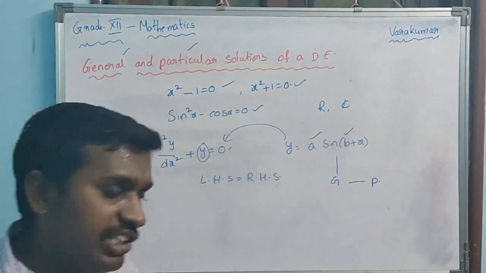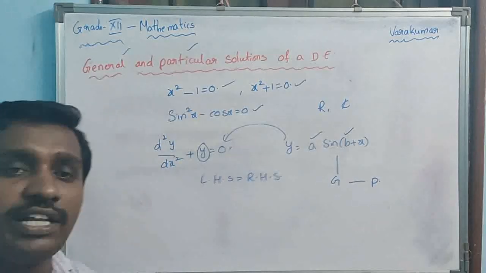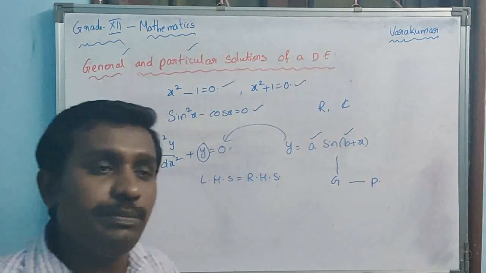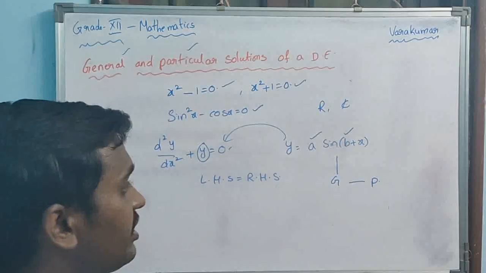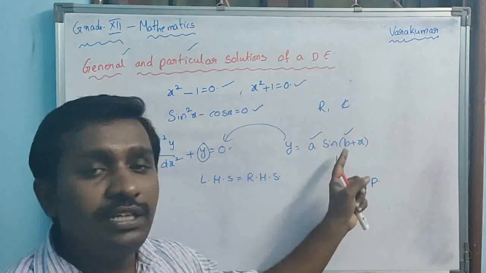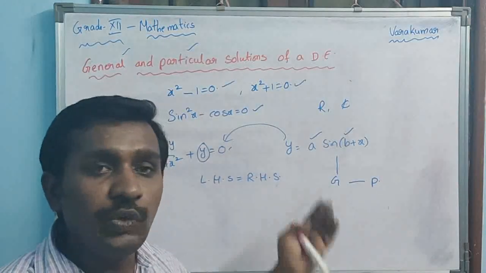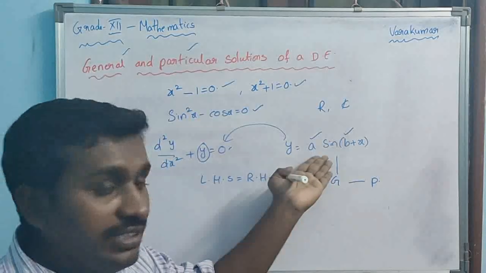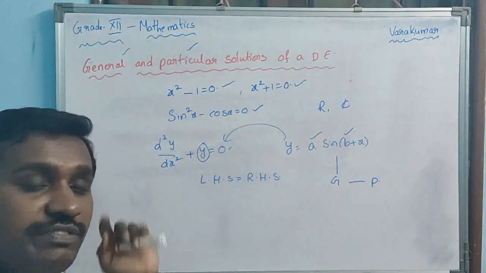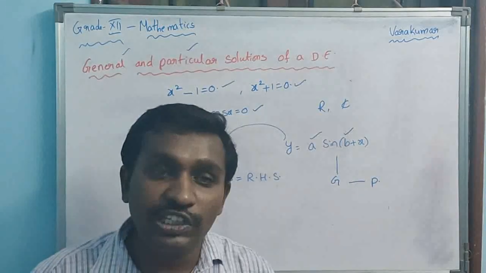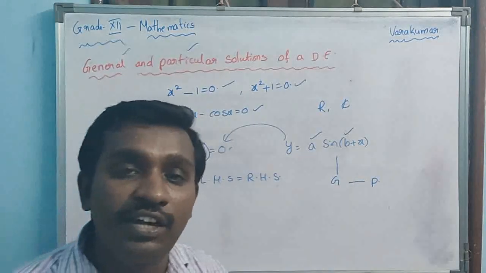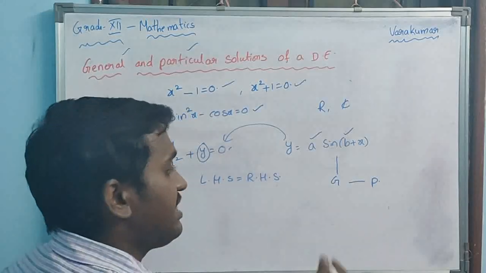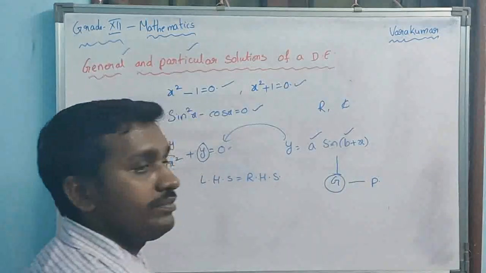Constants have fixed values, but arbitrary constants can change, and the values depend on that. We don't know the values of A and B. So y is equal to A sine of B plus x is a solution, and if it contains arbitrary constants, then it is called the general solution.